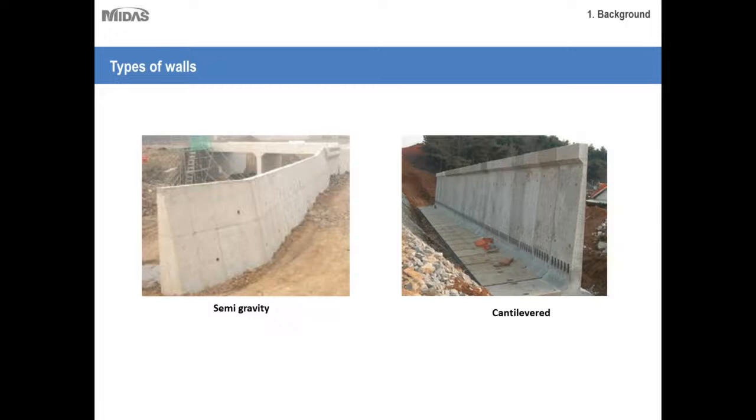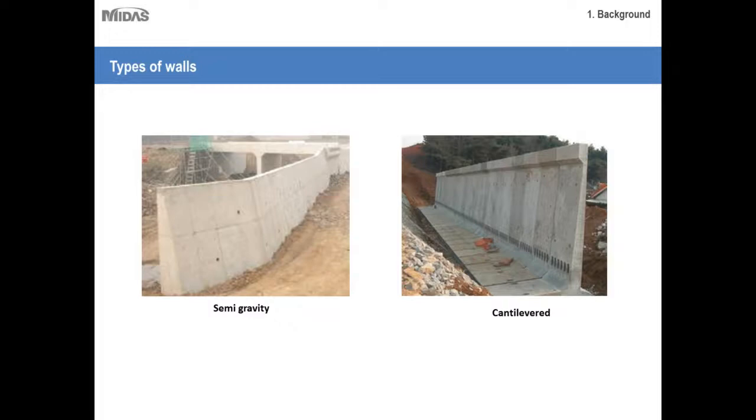Then on the right hand side we have the cantilevered wall. Now this type of wall, as you can see, is very sleek, and this is a completely reinforced concrete wall. It is useful where we have tight spots, where space limitation is a concern.